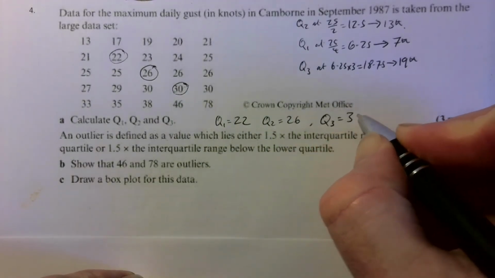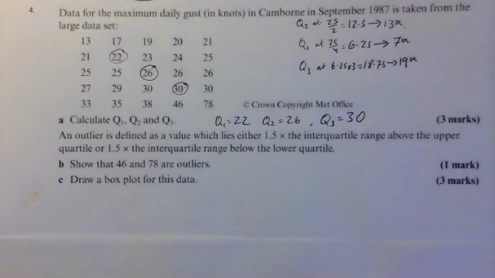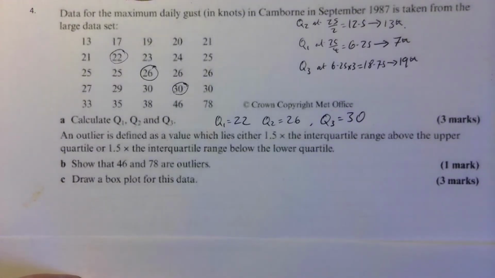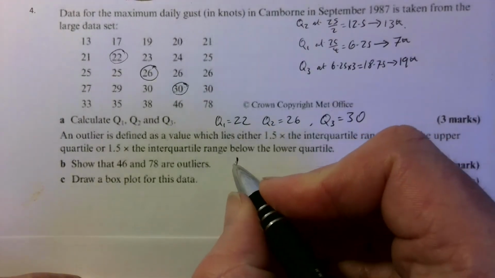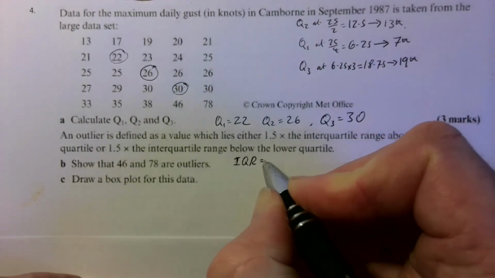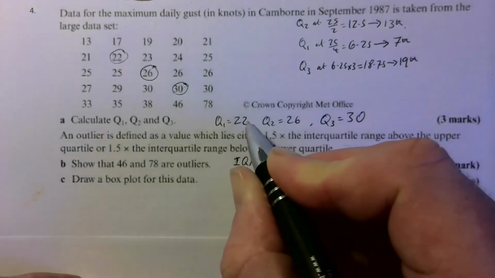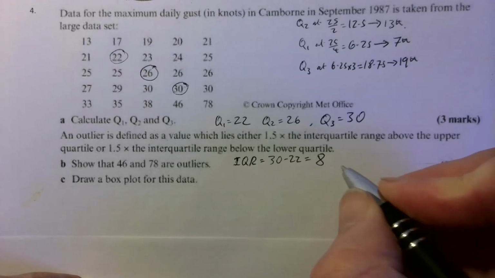Q3 is 30. Now it says an outlier is defined as a value which is 1.5 times the interquartile range above or below the quartile, and we've got to show that 46 and 78 are outliers. Well, they're above the upper quartile, and the interquartile range is going to be 30 take 22, upper take lower quartile, is 8.